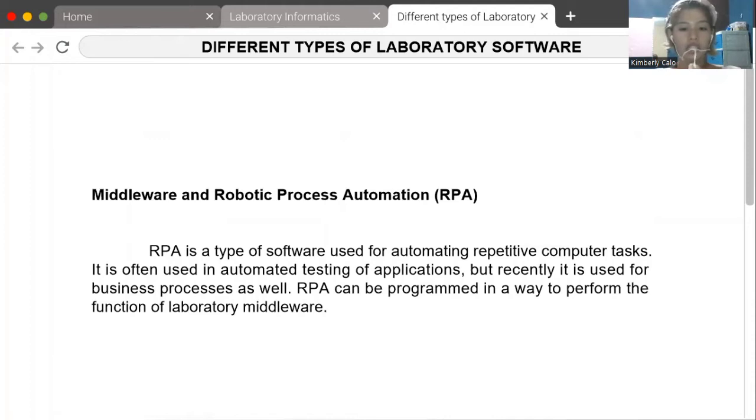RPA can be programmed to perform the functions of laboratory middleware. But more importantly here, it can also be used for follow-up data processing, such as data extraction, data formatting, and reporting.